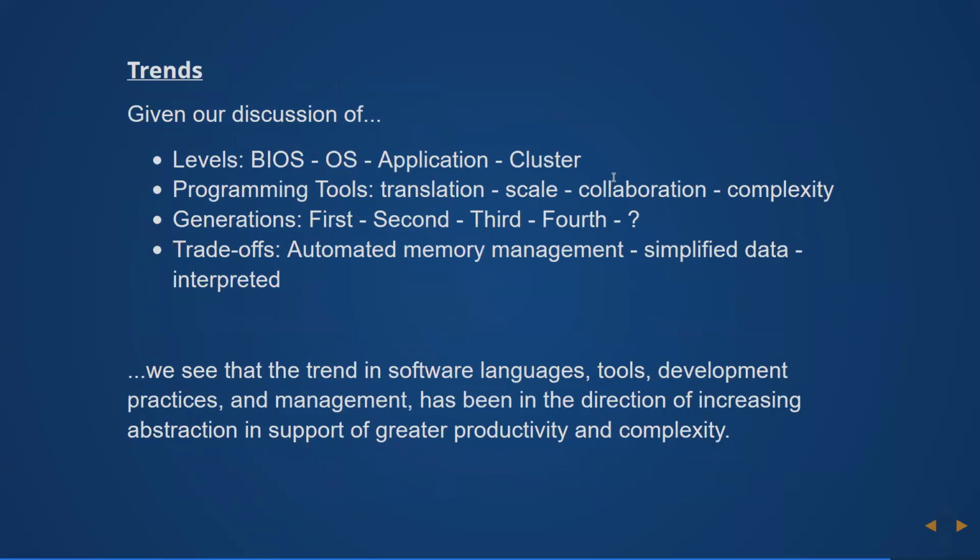So, given some of the discussion of things going from low level to high level over time, we see that the trend in software is toward greater abstraction, and that supports greater productivity and complexity.